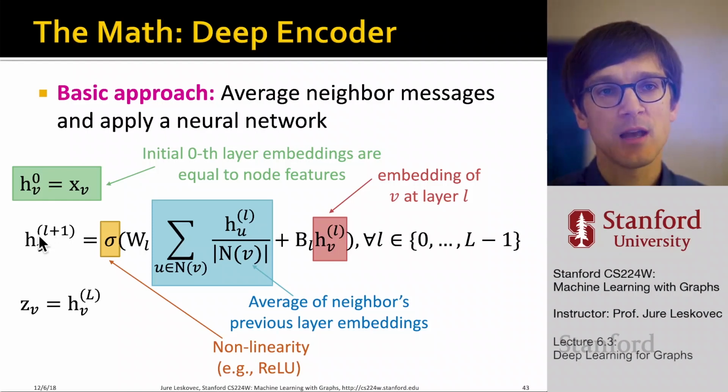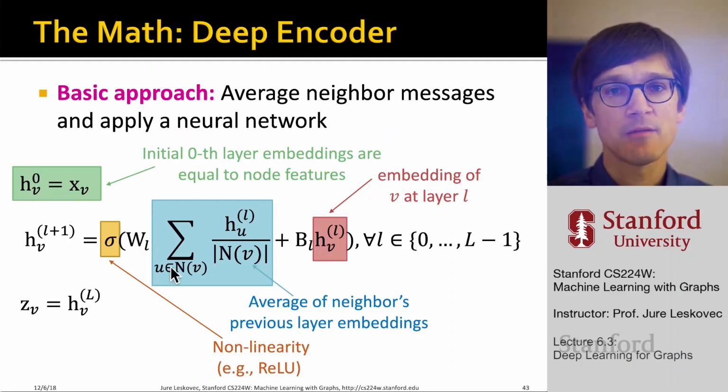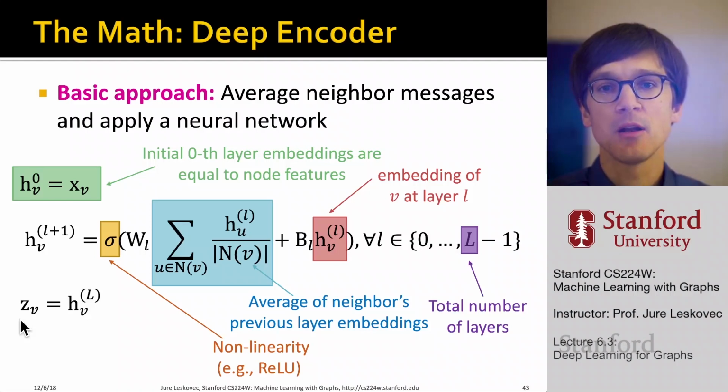To compute the first layer embeddings, I use the embeddings from level 0, which is just the node features. But now I can run this for several iterations, let's say several layers deep, maybe 5, 6, 10. And then whatever is the final hidden representation at the final layer, that is what I call the embedding of the node, right?